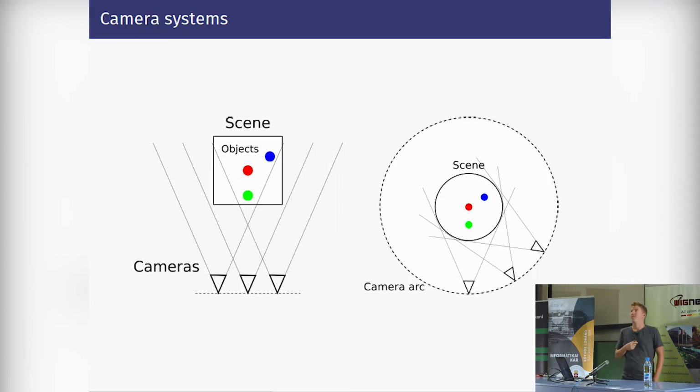So popular camera arrangements are, of course, linear or circular, based on where you are placing your cameras. Linear is often easier because it makes your algorithms more regular, more on a grid, but circular is better for field of view, you need fewer cameras to capture your scene, and you also have the ability to view it from different angles.